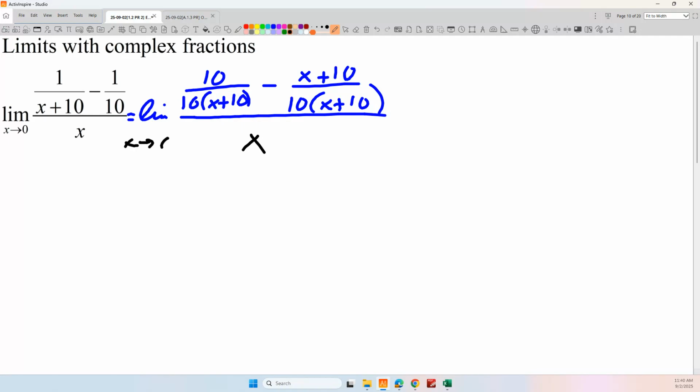as x approaches 0. Okay, well, I can push those fractions together. And I get on the top then a common denominator of 10 times the quantity x plus 10. What do I get in the numerator? Right, I got a common denominator, and in the numerator, I should get all of this stuff.